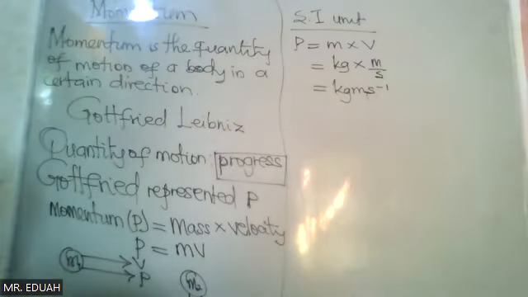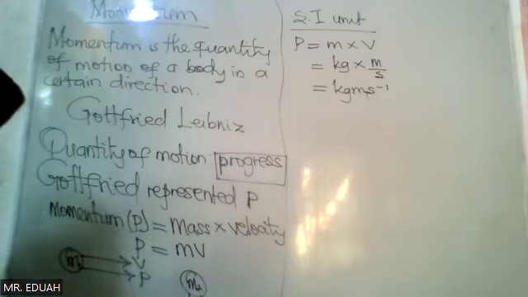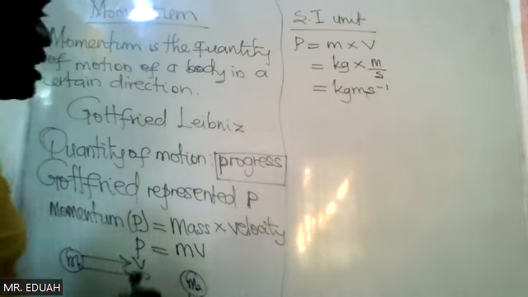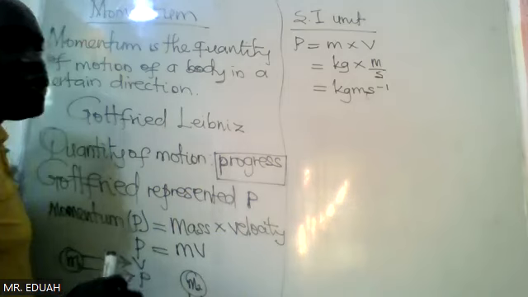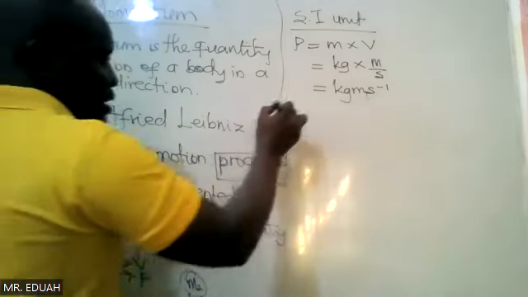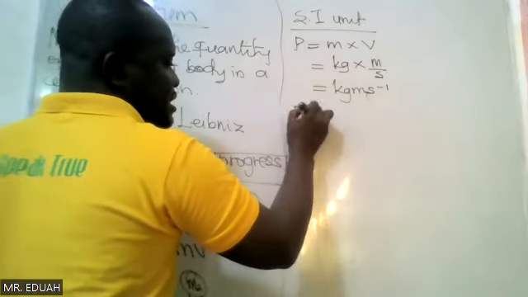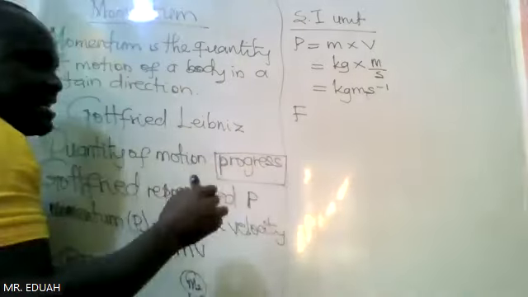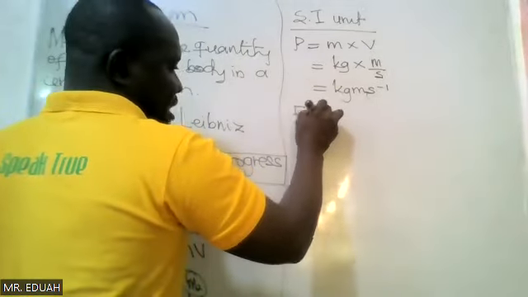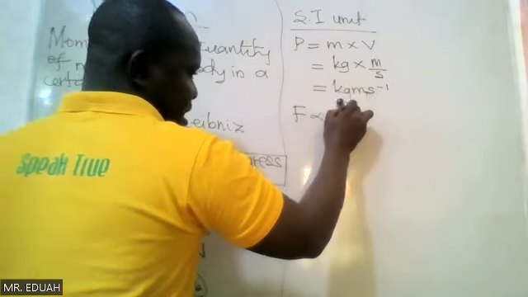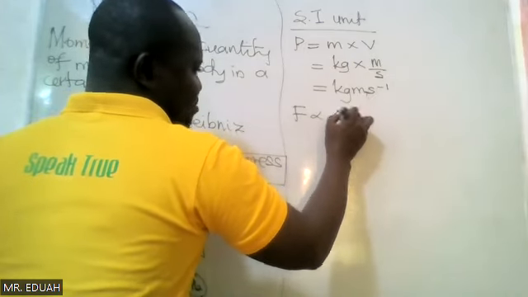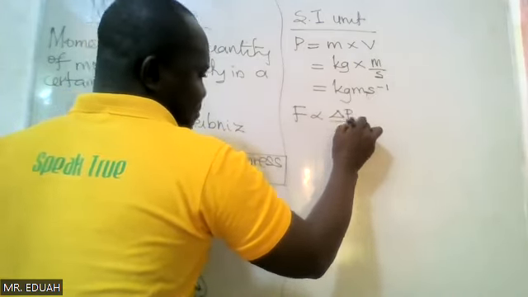We have other units of momentum. When we were going through Newton's laws of motion, we realized external force is directly proportional to the rate of change of momentum with respect to time.